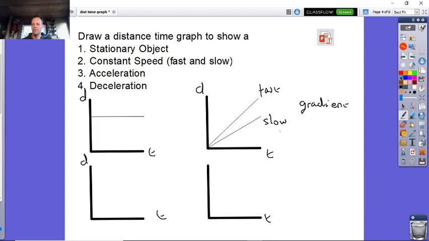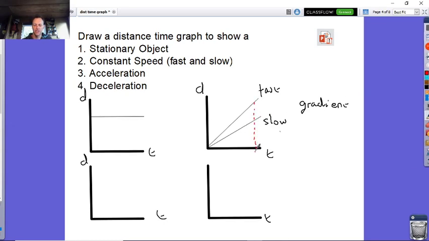The reason why is because if I do a line going across like that, this can say be 10 seconds, which means that this one's traveled 20, and this one, dotting across, has traveled 40 meters. Doesn't it make sense? At 10 seconds, if this one's only gone 20 meters, that one's gone 40 meters, this person must be moving faster. So if you've got an object, the steeper or the bigger the gradient, the faster it is traveling.